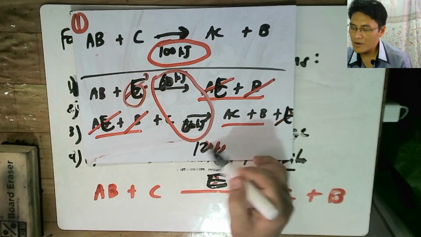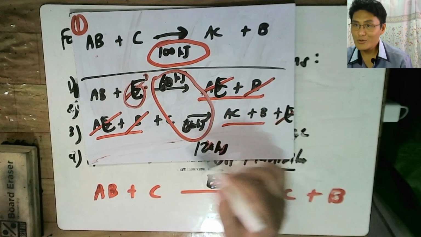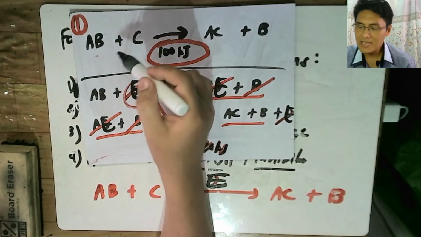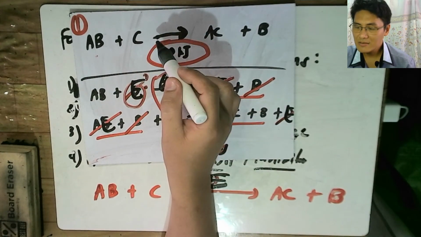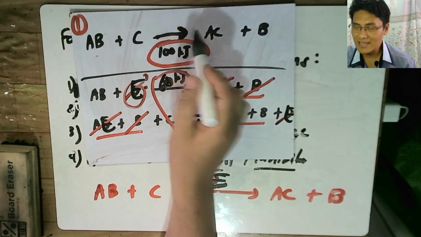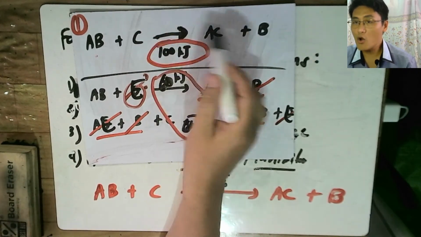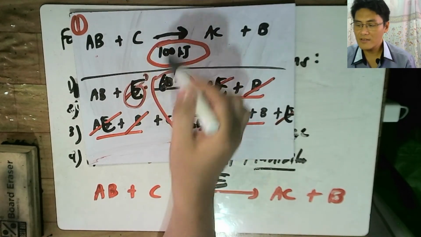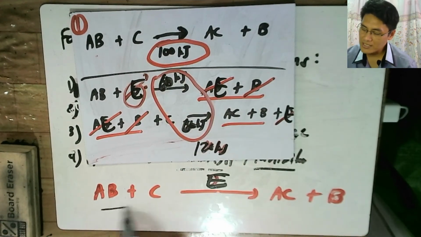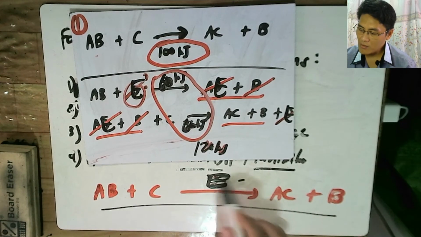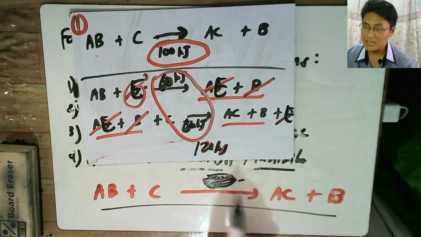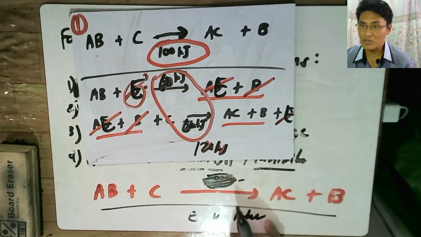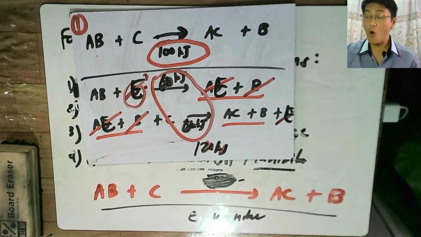You will use 120 kilojoules. You would use more energy instead of less. So this has a higher activation energy than that, and this is faster than this. So therefore, when you use this chemical equation, E is not a catalyst, it's an inhibitor. E is an inhibitor to that reaction because it makes the reaction slower.